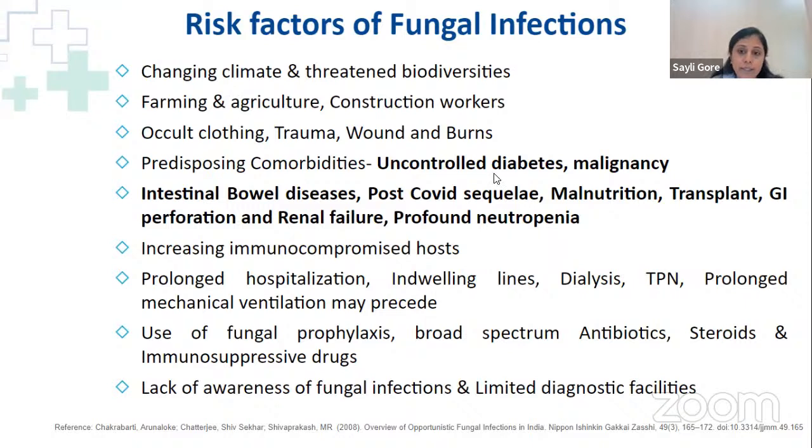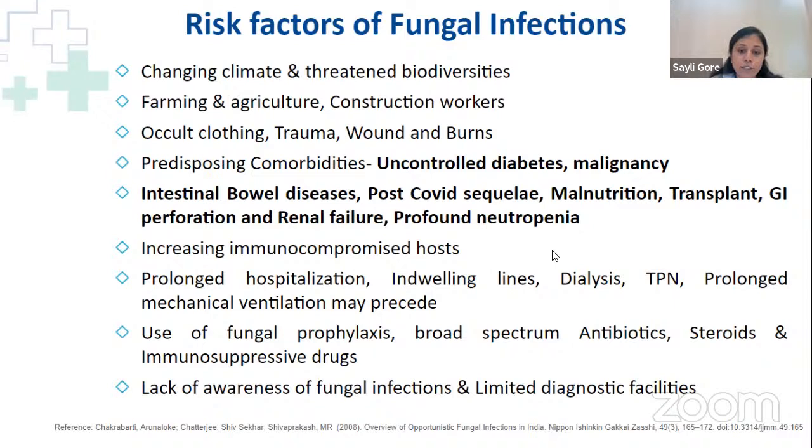Then uncontrolled diabetes and malignancies are some predisposing comorbidities. Others such as inflammatory bowel disease, post-COVID sequelae, malnutrition, transplant, GI perforation, renal failure, and profound neutropenia are some of the main reasons for fungal infection, and it is even increasing in immunocompromised hosts.